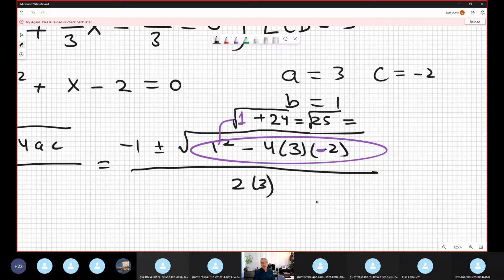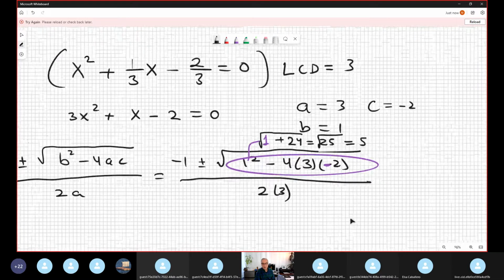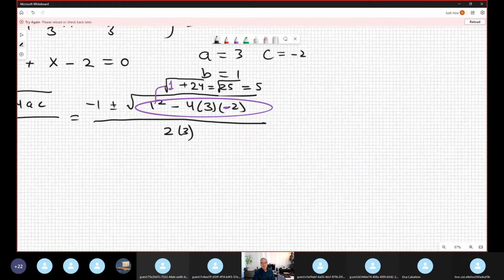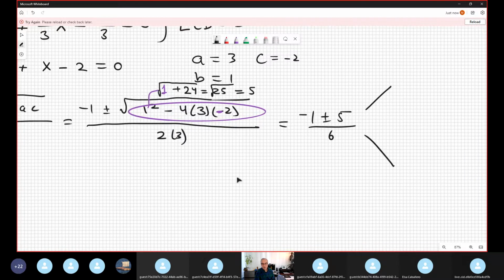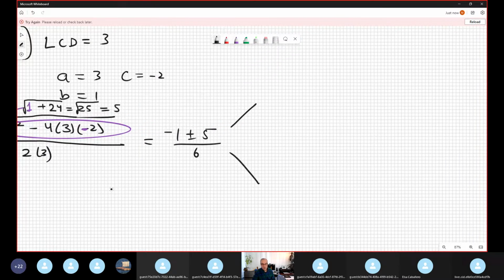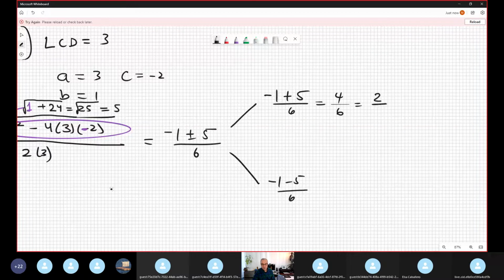And there's a 5. So far we have minus 1 plus or minus 5 divided by 6. You split it in 2 pieces because I don't want to manipulate the plus and minus symbol; I manipulate positive and negative separately. 5 minus 1, 4 over 6 is 2/3.